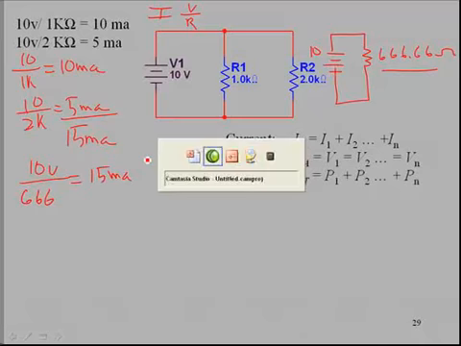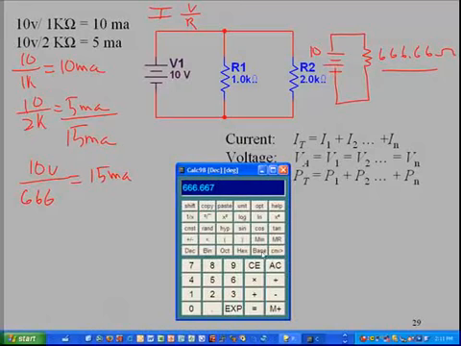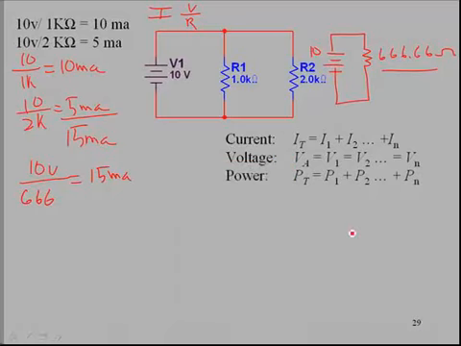And if we were to grab our calculator real quick, let's see if we can quickly confirm that. If we take 10 divided by 666.6 equals, and 15 milliamps is in fact the answer. Okay, so we calculated the current. Now the voltage VA, well, it's kind of obvious here. The applied voltage is VA across R1, R2. It's the same thing, so there's nothing profound about voltage.